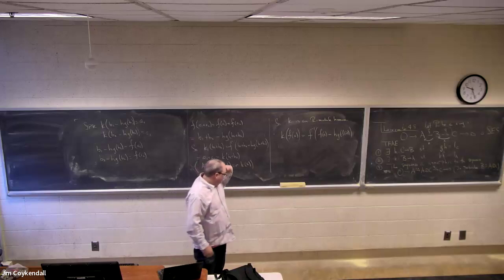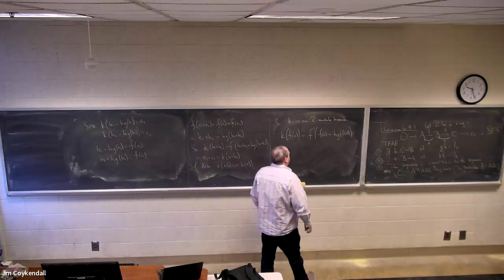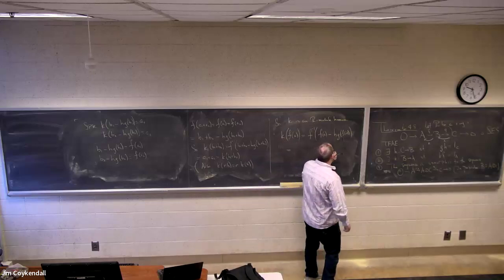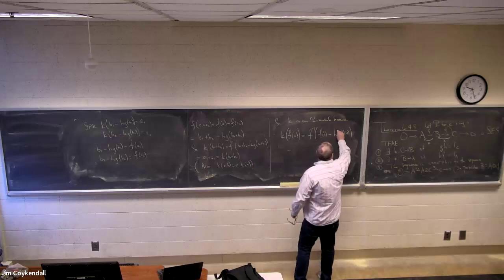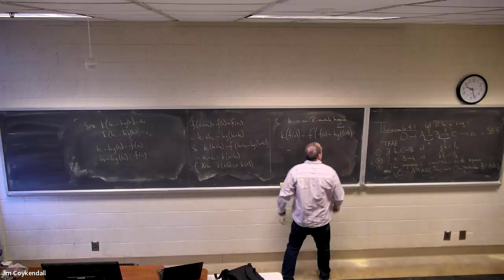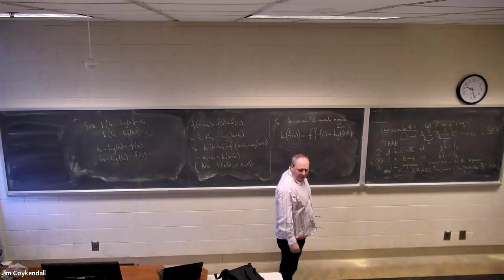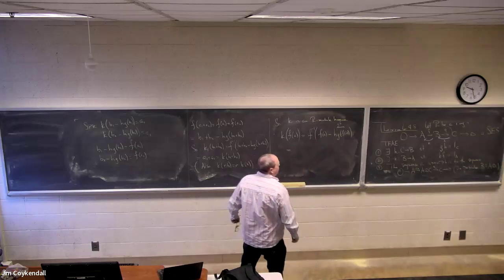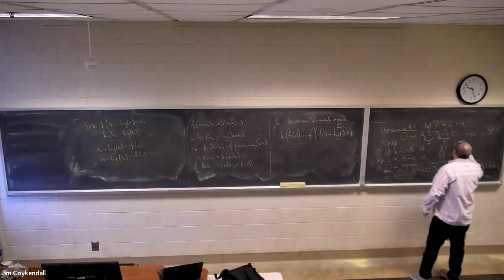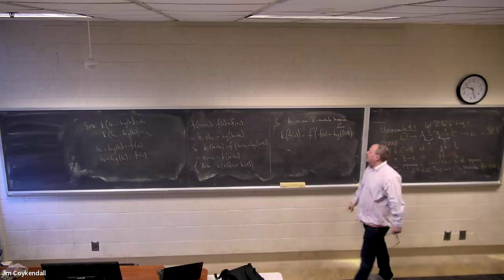Now, the important thing to notice here is what GF is as I go through the exact sequence. I do F then G, it's 0.